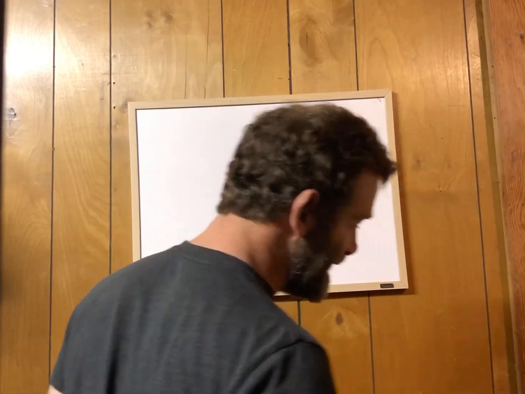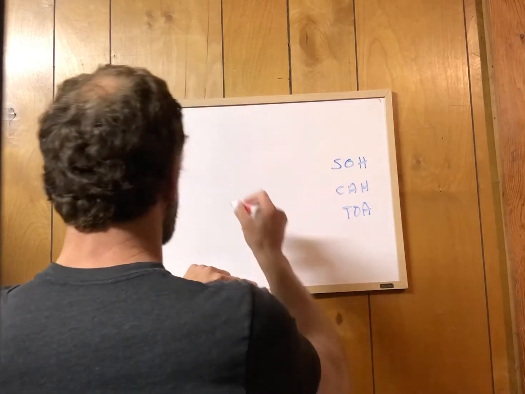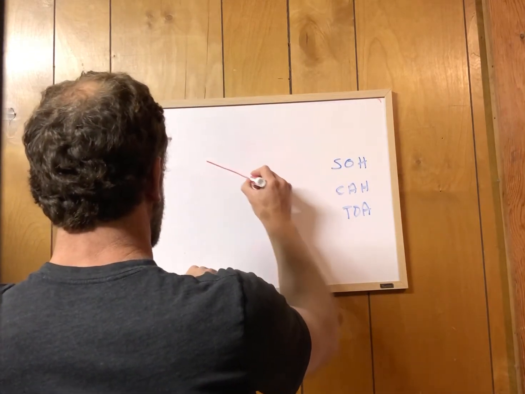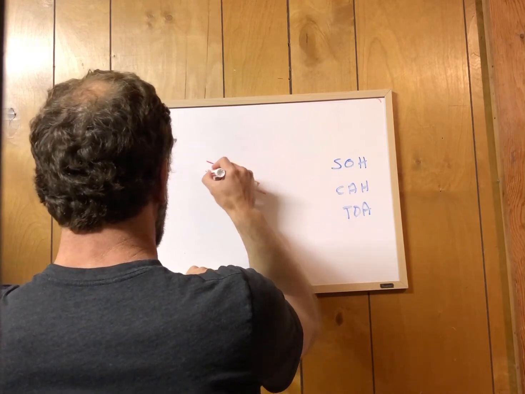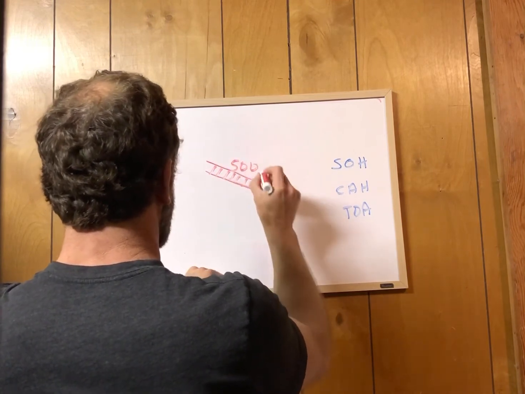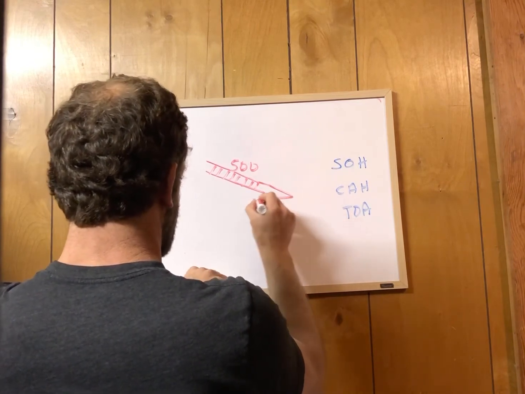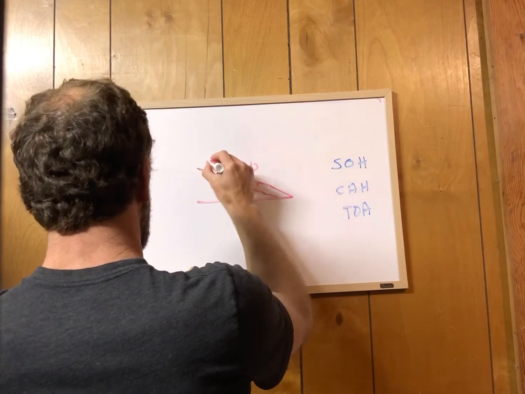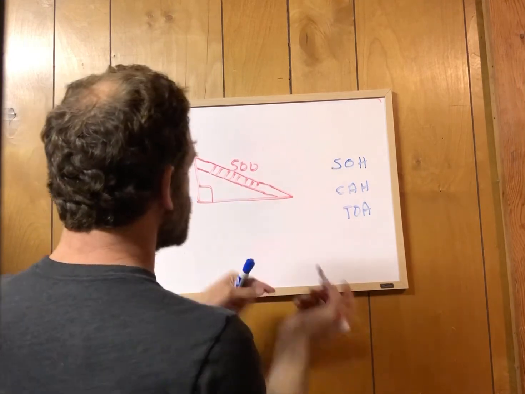So it says a ladder, the first one, a ladder that is 500 centimeters long. So here's your ladder. And it is 500 centimeters long. Here's the ladder, here's the ground that it rests against, and here is the wall that it's going to be leaning against. It's always a right angle for this chapter.